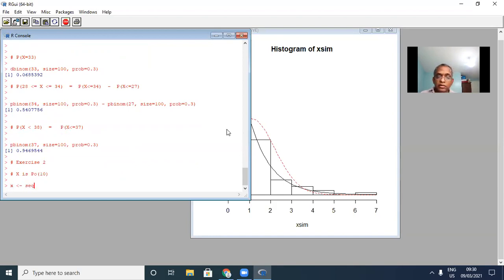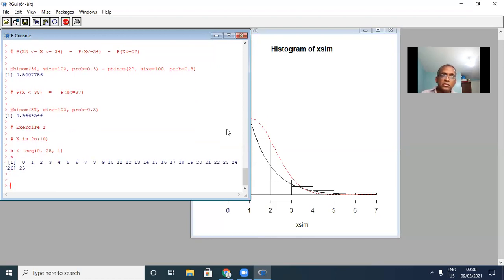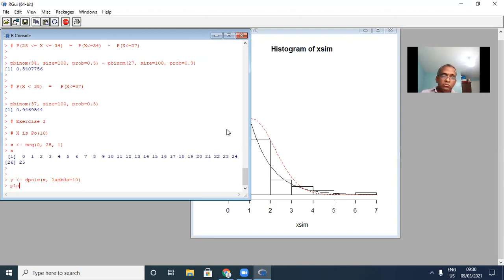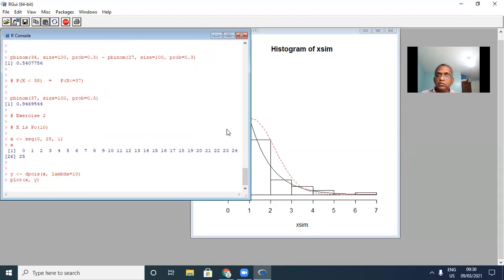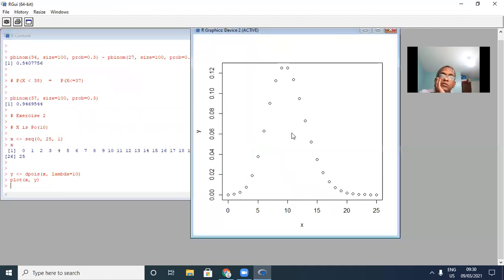So you define x from 0 to 25 in steps of 1. So you see these are the numbers you get. And you define y as the density of the Poisson at x with lambda equal to 10. And you plot x comma y. This is what you get, right?